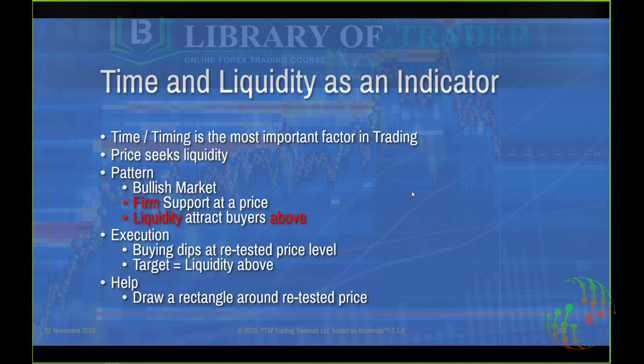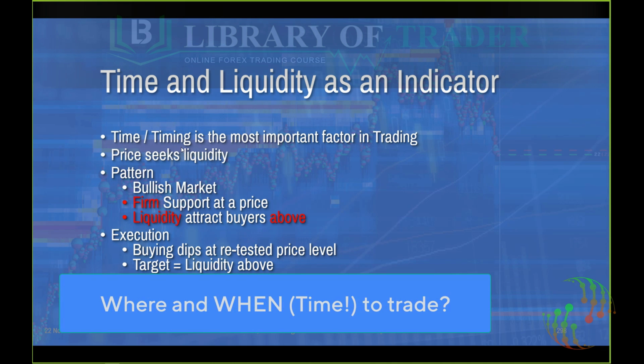And time is the most underestimated factor in trading, or in other words, timing is the most important factor in trading. You have asked two questions this week, and we have discussed them: where and when. Where and when to trade.